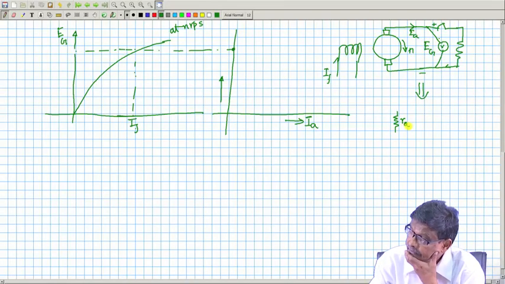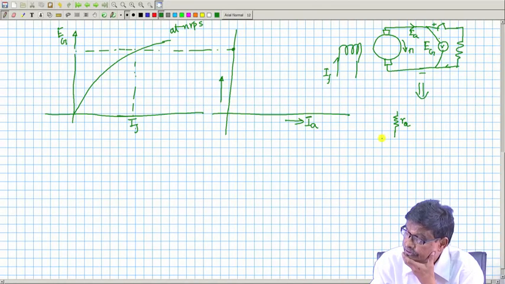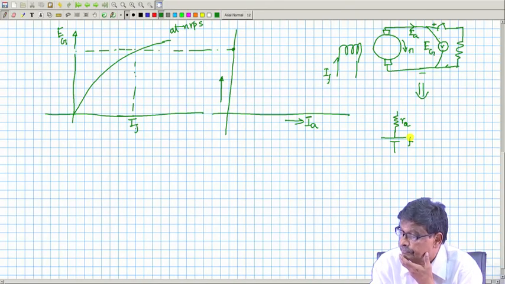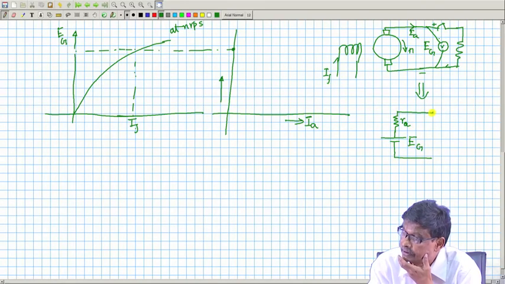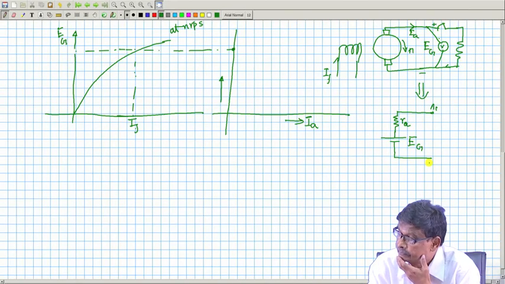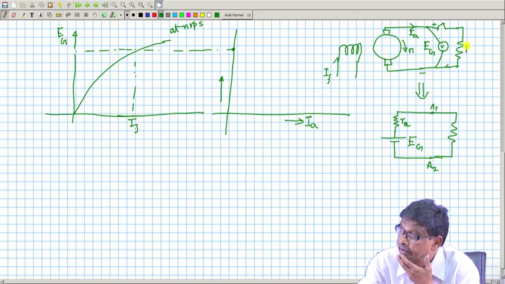This is R A, and here is your generated voltage E G, and here are your armature terminals, mind you, A 1, A 2. And here you have connected the load resistance R L.